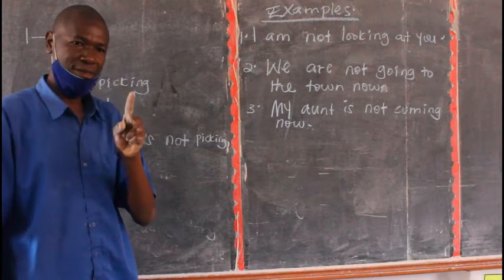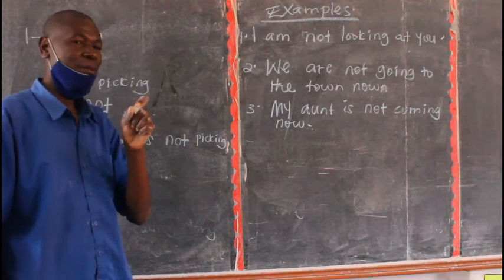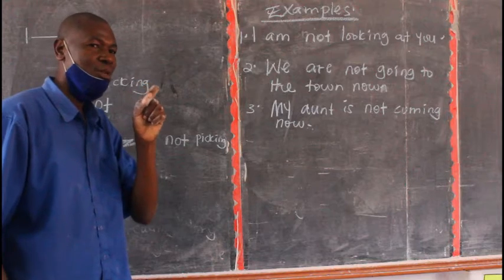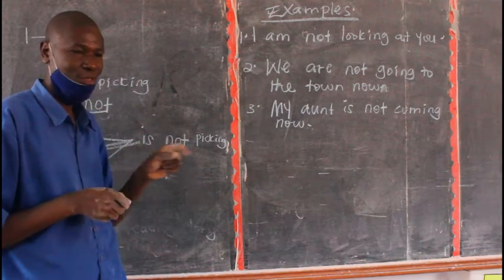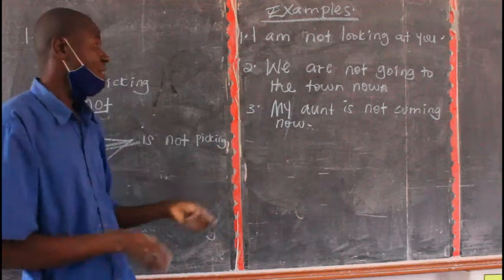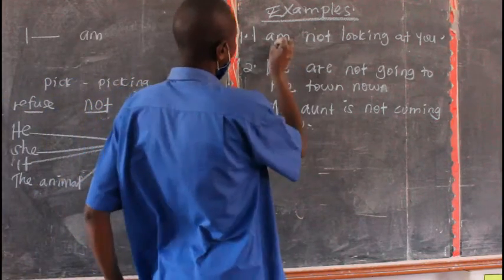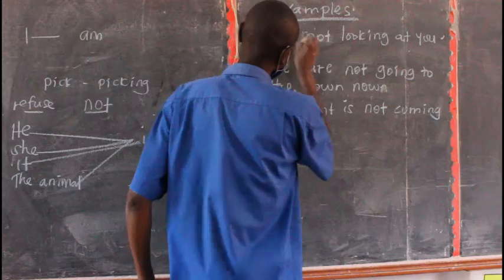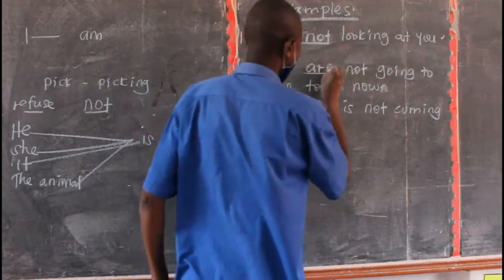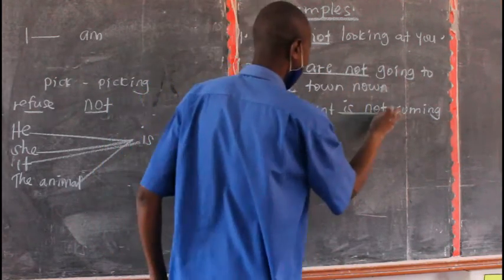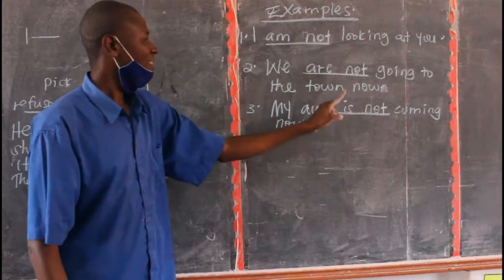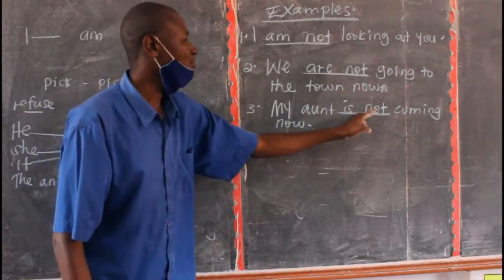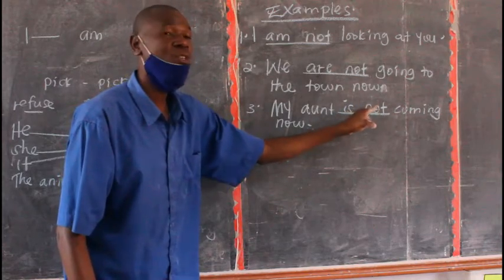Something to remember is here, which I'm even expecting some of you to mess up with, like in an activity which is already given here. Look at this, how I have written am and not, are and not, is and not. These are two separate words. Is is separate from not because they are different words.